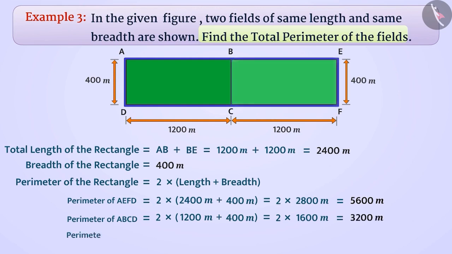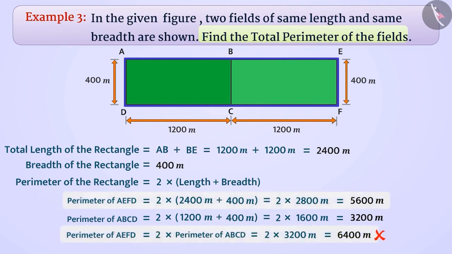In this way, the perimeter of the rectangle AEFD is equal to 2 into the perimeter of the rectangle ABCD, which is equal to 2 into 3200 meter, which is equal to 6400 meter. But this will not be correct. Can you explain why? Think for a while.